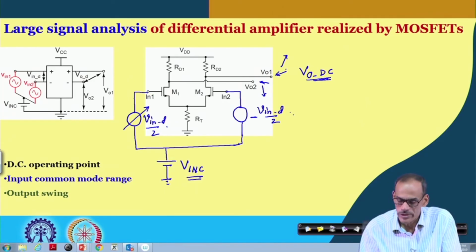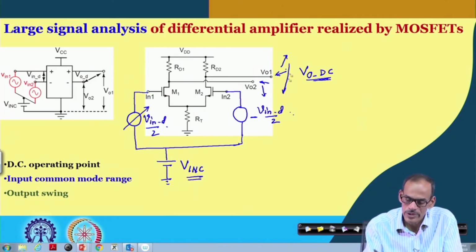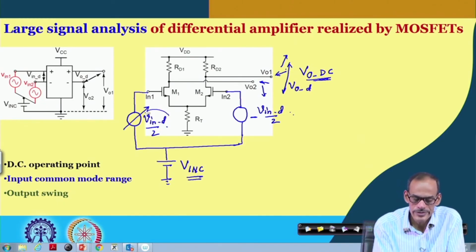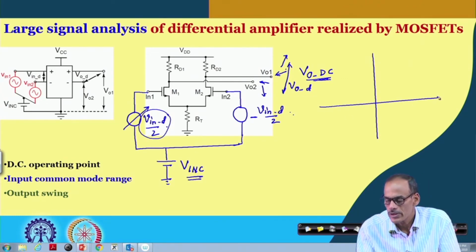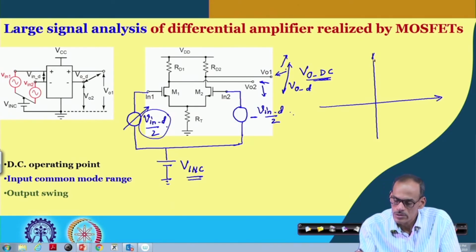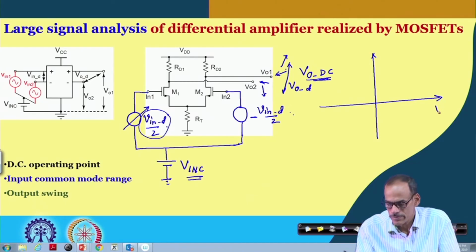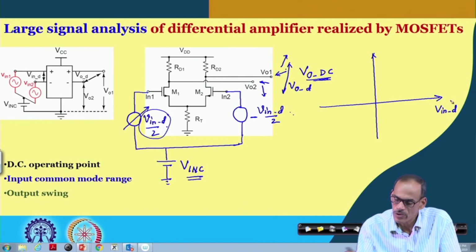So, if we plot the difference of these two voltages, called VOD, against the increase of V in D, what we get is the input to output transfer characteristic, but the input is in differential form, and so is the corresponding output.